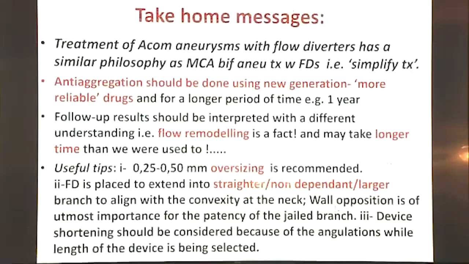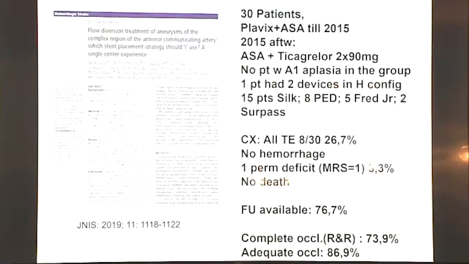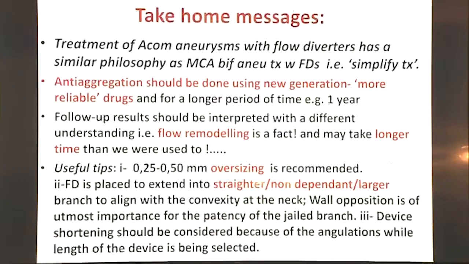And the adequate occlusion rate is 87% in this series. So for the ACoA aneurysms, flow diversion is an option. Of course, as a conclusion and to summarize some important issues, it is to simplify the treatment.